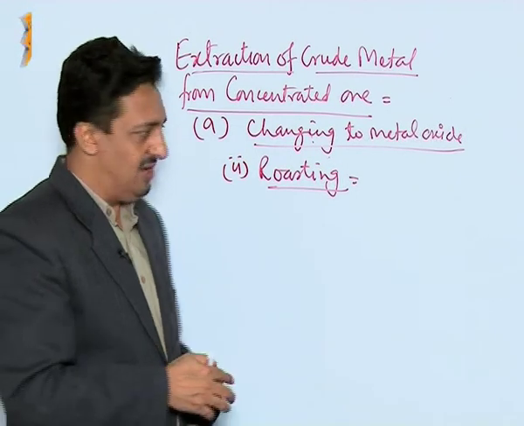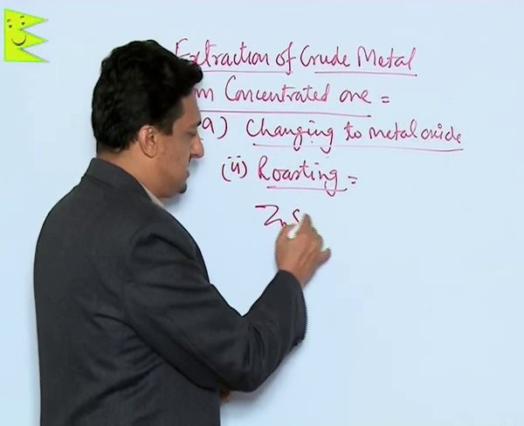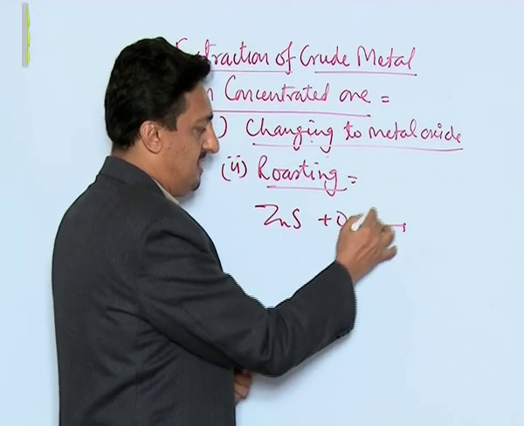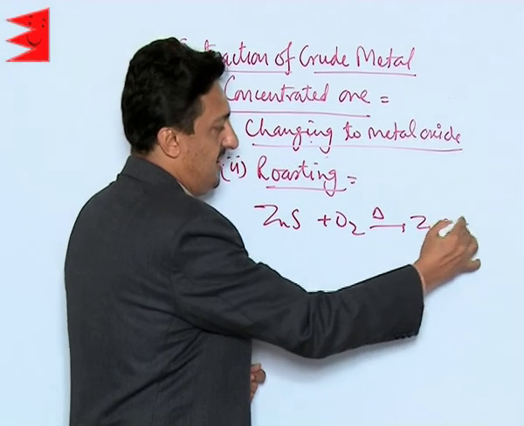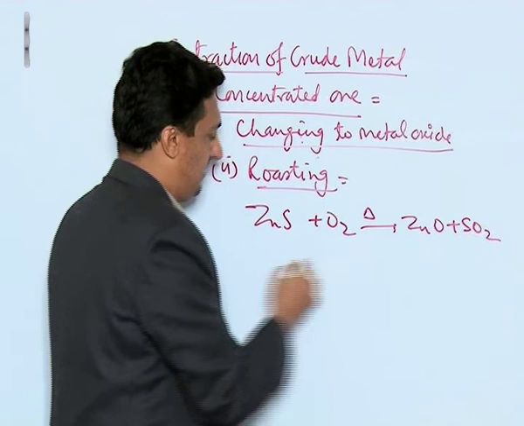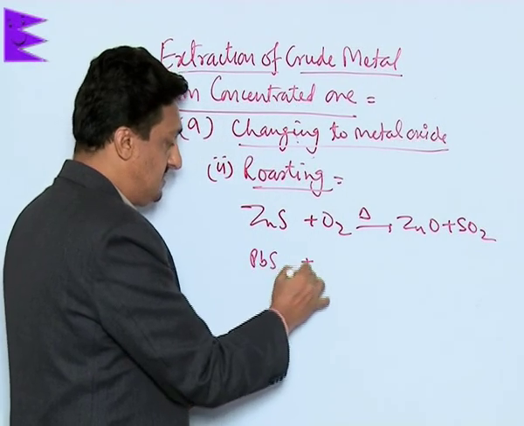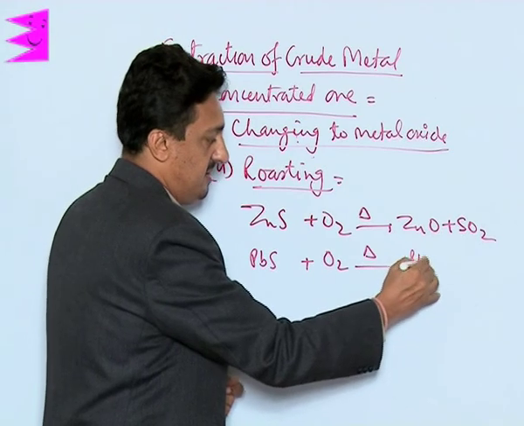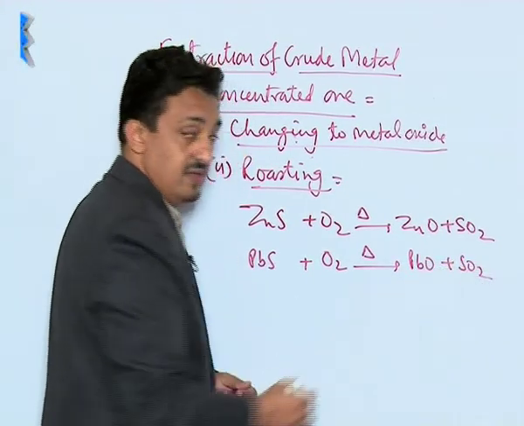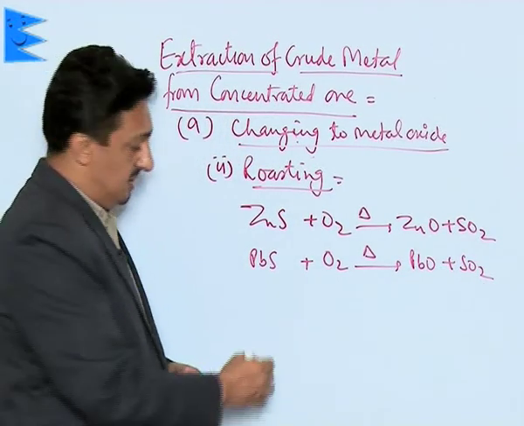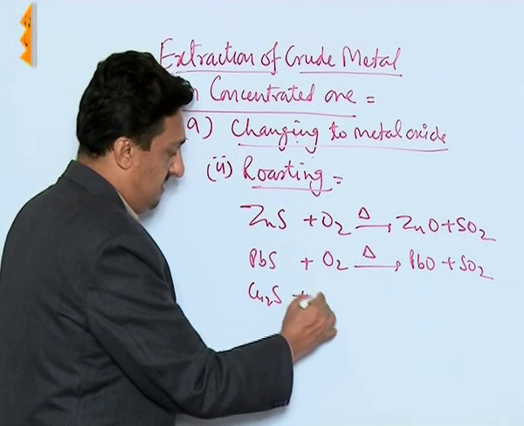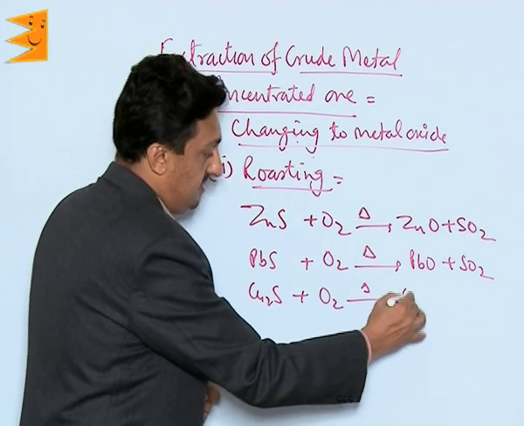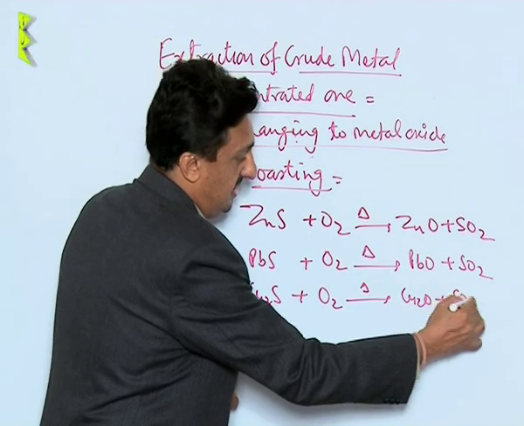For example, when zinc sulfide is heated in the presence of oxygen, we get zinc oxide and sulfur dioxide. Galena, lead sulfide, heated in the presence of oxygen, gives lead oxide and SO2. Cuprous sulfide, when heated, gives cuprous oxide and SO2.